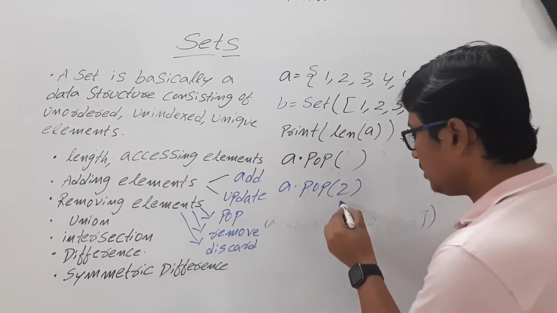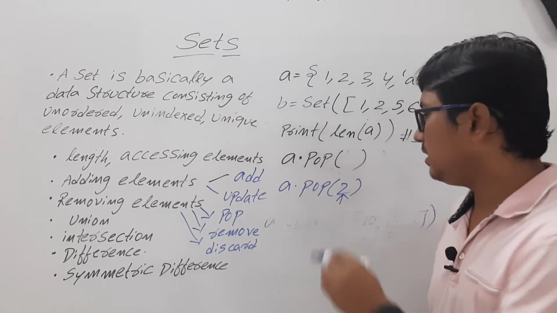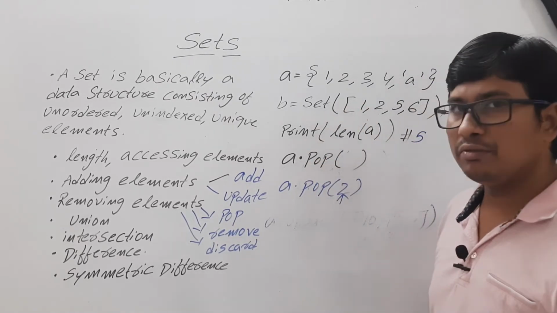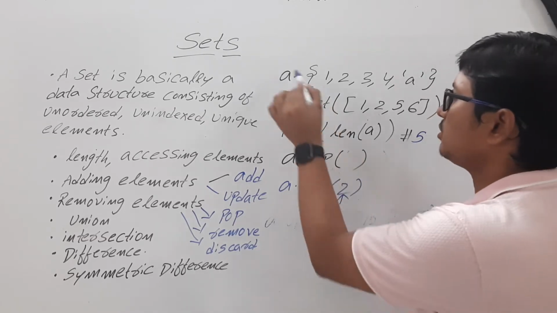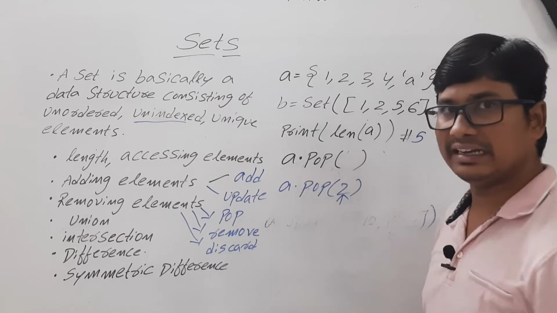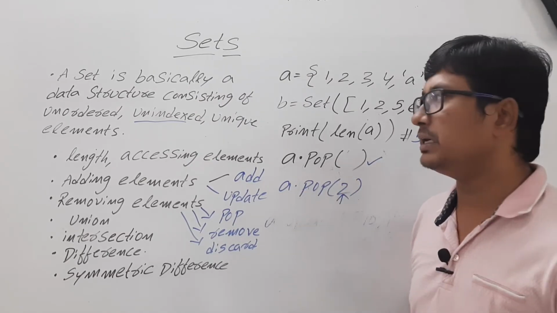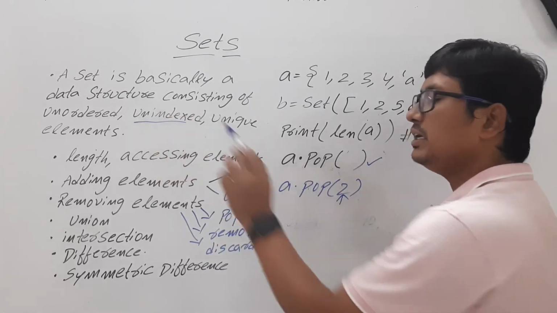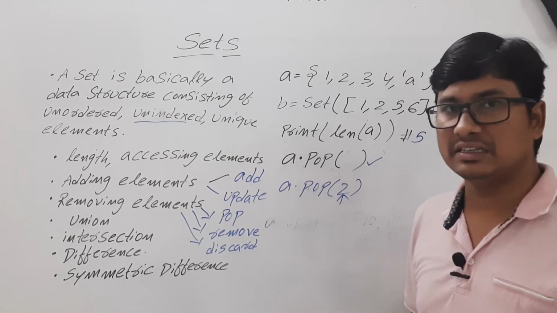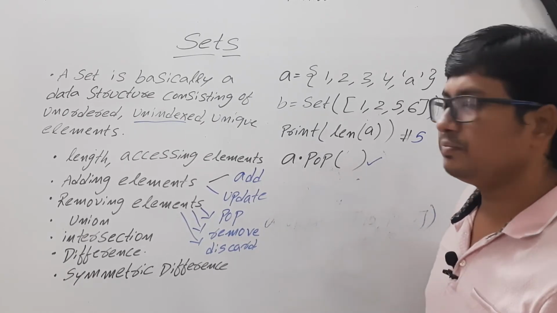Suppose I give the value 2, which is an index, then the element at index 2 will be displayed. However, we cannot perform this operation on the set. Why? They are not indexed, they are unindexed. So if you give pop without any parameter, a random element will be deleted because they are unordered, and we cannot give the index value in the parameter. I hope it is very clear for you.